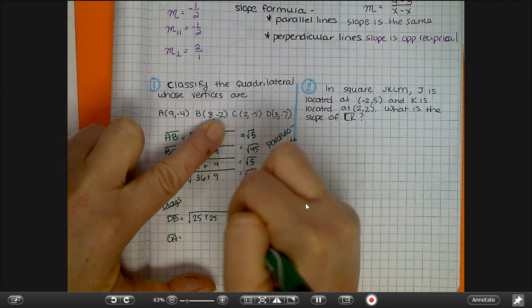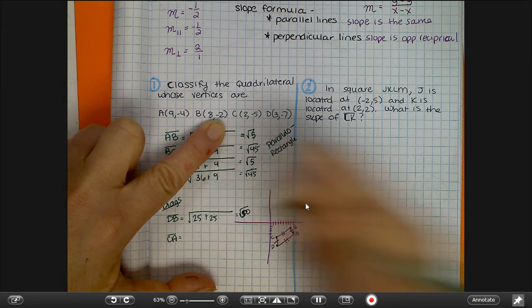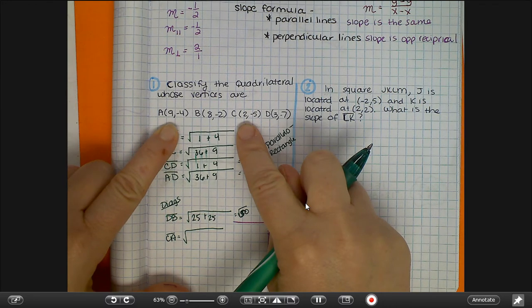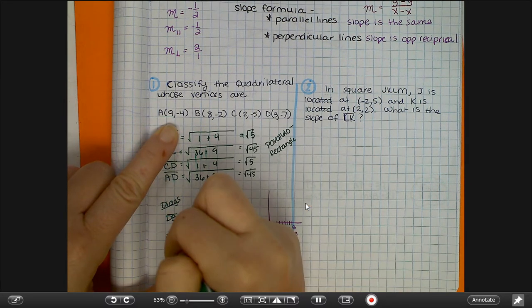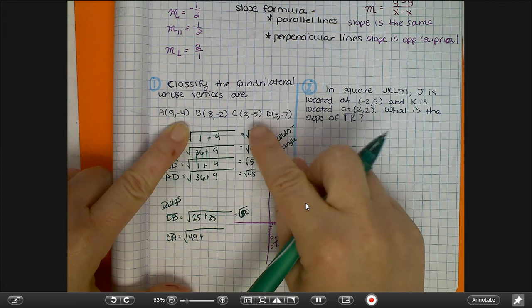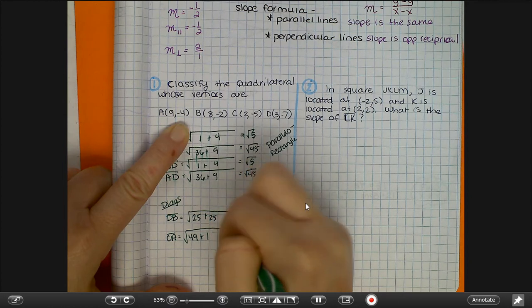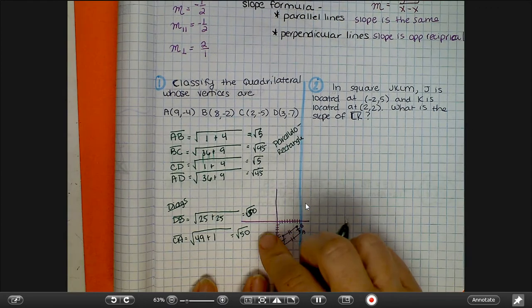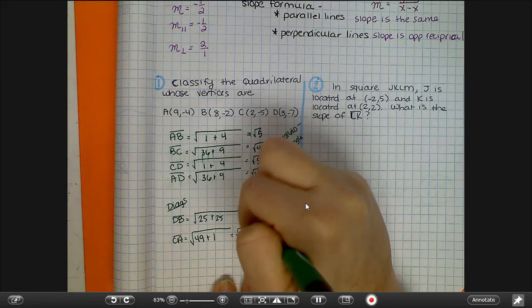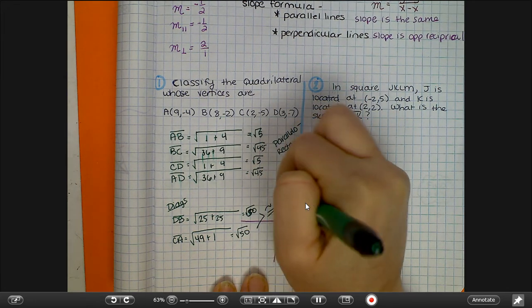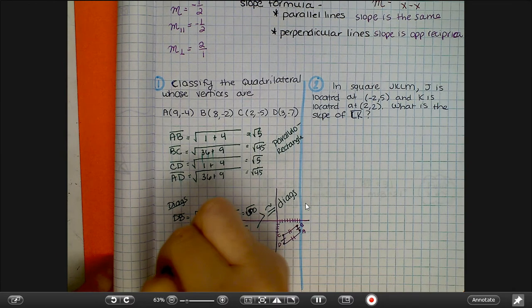So the diagonal is the square root of 50. CA: 9 minus 2 is 7, squared is 49, plus -4 minus -5 would be 1, squared is 1. So it has congruent diagonals, so it must be a rectangle.